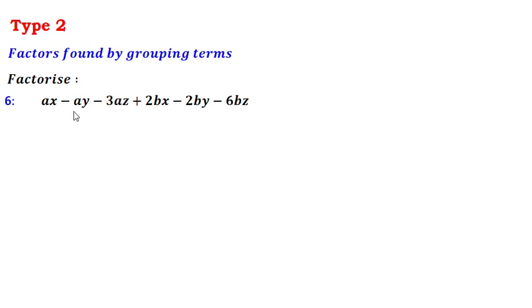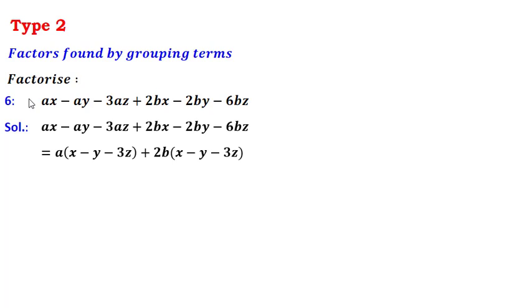If I check from these 3 terms, I can take a common, then I have (x - y - 3z), and from these 3 terms I can take 2b common, then I have (x - y - 3z). So this is one way of solving the problem. So from here I have taken a common, inside bracket I have (x - y - 3z), and here I have taken 2b common, then (x - y - 3z) is common.